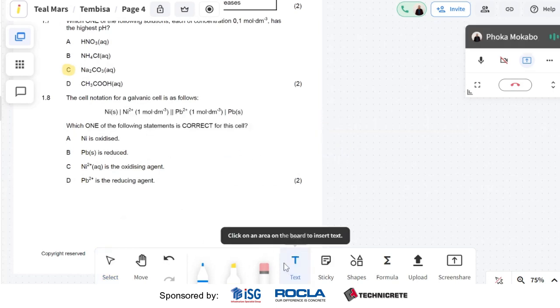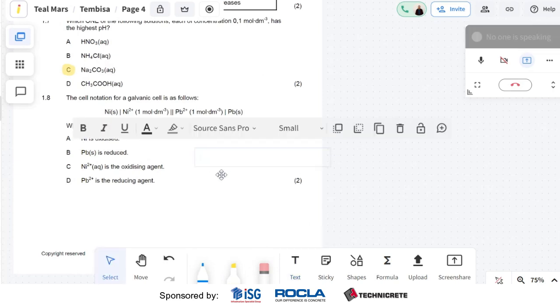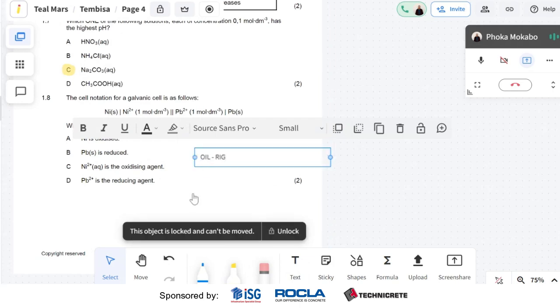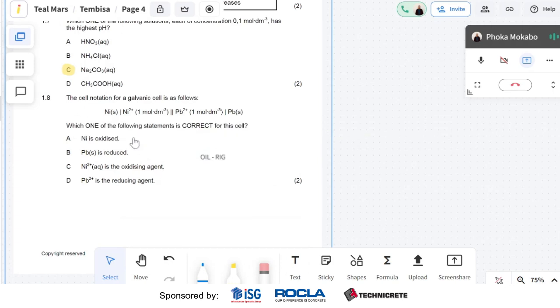The act of losing electrons, right, is the hallmark of oxidation. Now, what I was trying to type over here is OIL RIG, which is a popular acronym standing for oxidation is loss and reduction is gain. Now, in this case, the nickel goes through oxidation because it loses its electrons, and lead gains electrons and so therefore is being reduced.